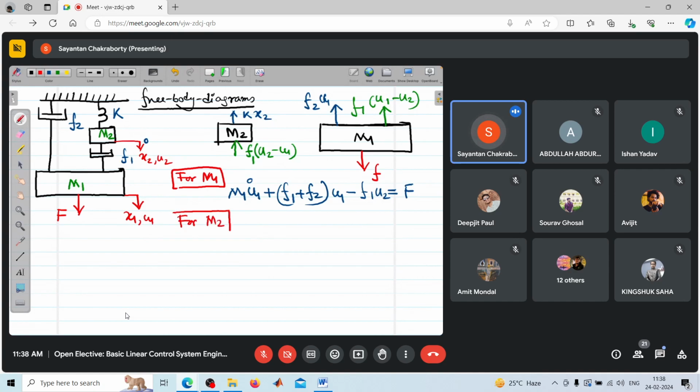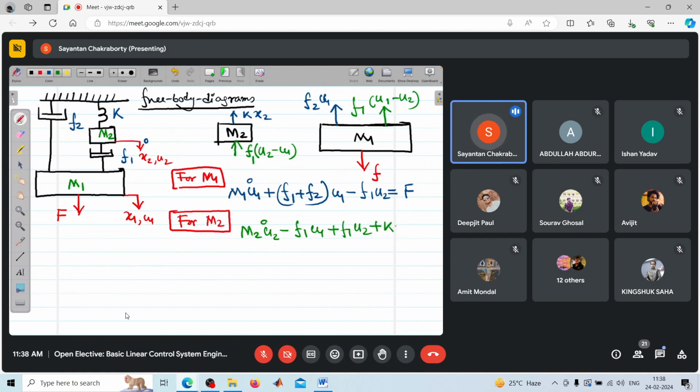For mass m2, the motion is considered to be in a downward direction, so it will be m2 u2 dot, minus f1 u1 plus f1 u2 plus k.